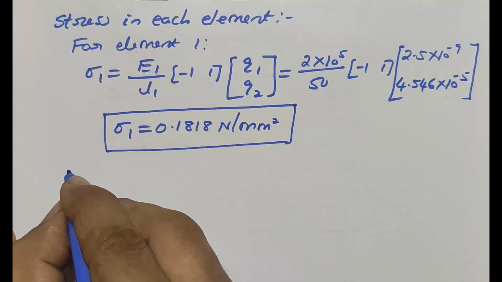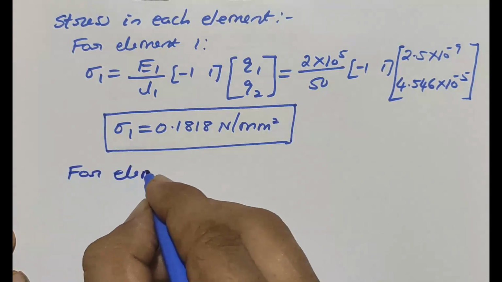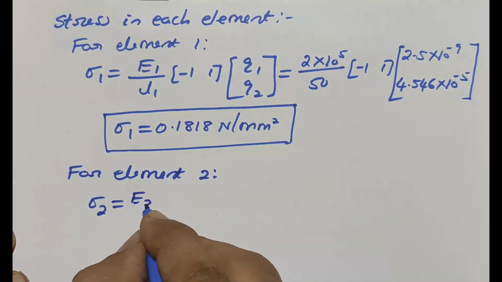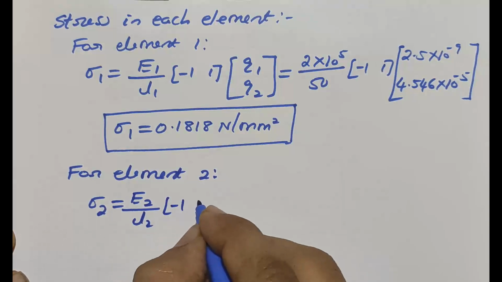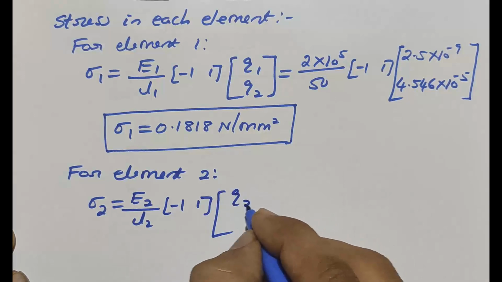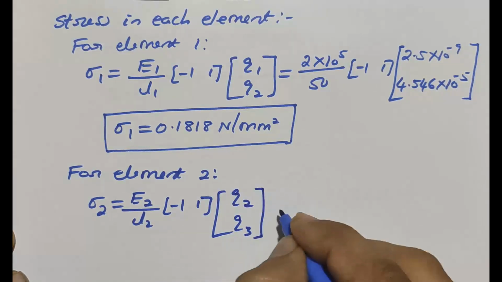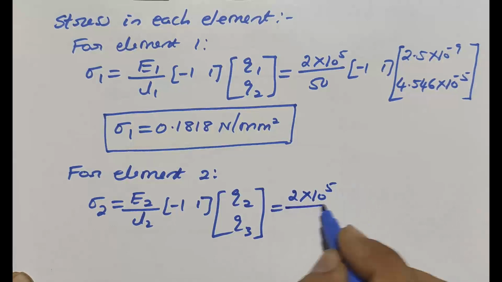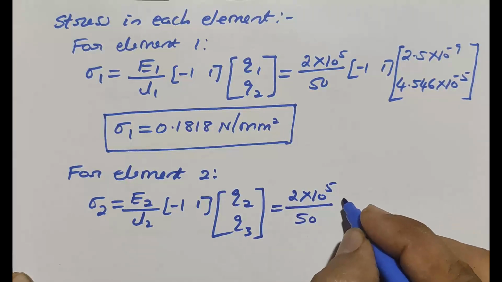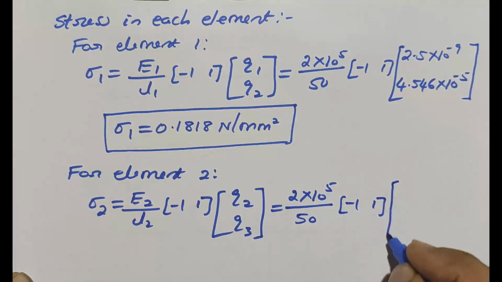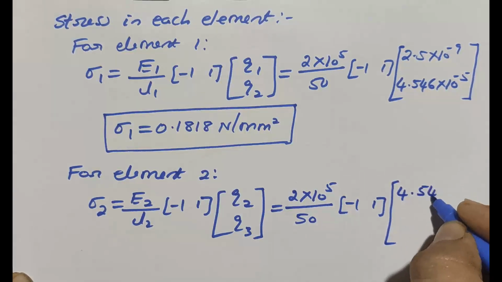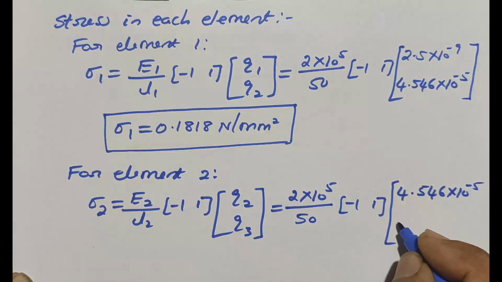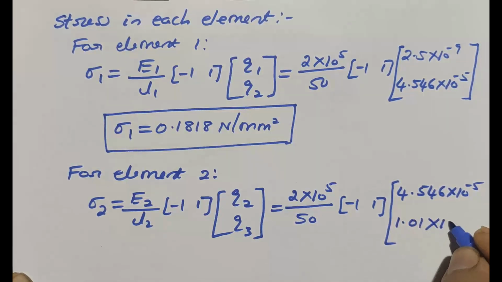Next, stress in element 2. For element 2, sigma 2 is E2 by L2 into minus 1, 1, into Q2, Q3, equal to E2, again 2 into 10 power 5, L2 is 50, into minus 1, 1, into Q2 which is 4.546 into 10 power minus 5, Q3 which is 1.01 into 10 power minus 4.